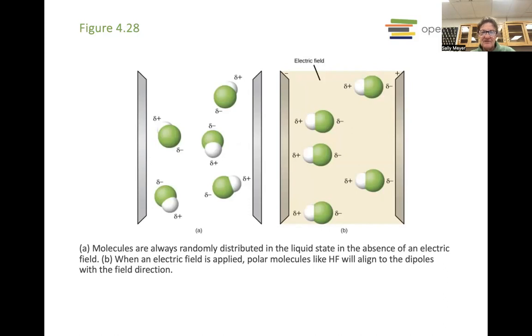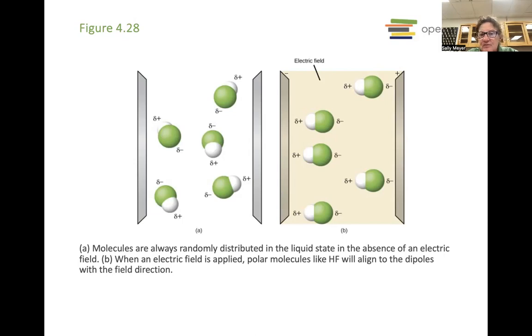If you don't have an electric field and you have your sample in a solution, things are going to be pretty random in how they're oriented. But if you put an electric field in, so in this case on the right, you make it so that the wall on the left side is negative and the wall on the right side is slightly positive, then everything is going to orient so that the plus minus ends of those molecules are going to the part they'd be attracted to.